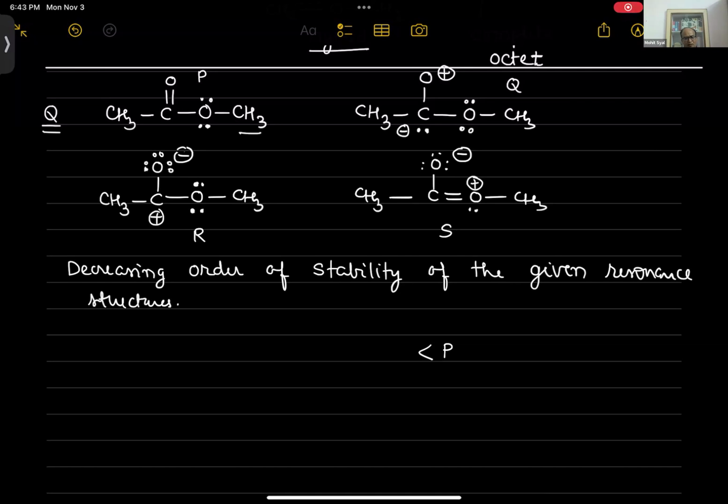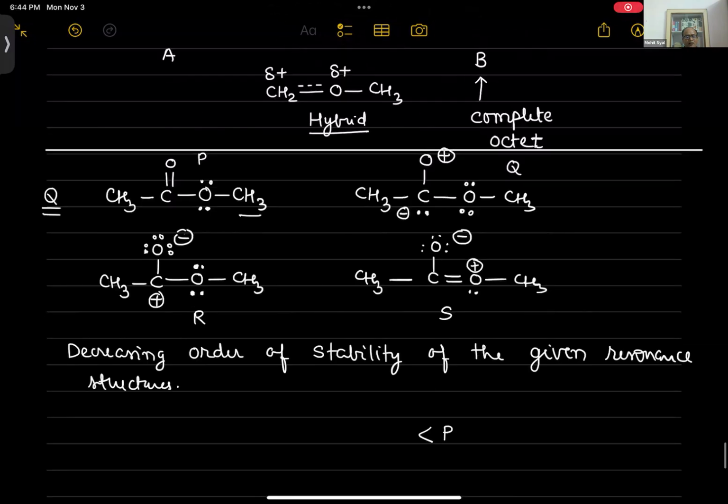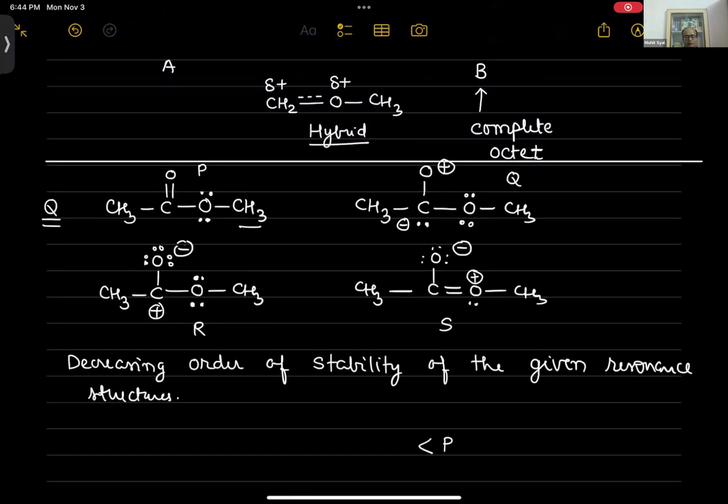Then look for the octet, which is the most important factor. So where the atoms have incomplete octet, 8 electrons. Where is the octet missing, in Q or in R? In both, it is missing for an individual atom.